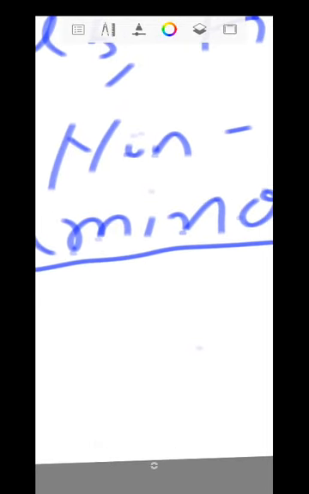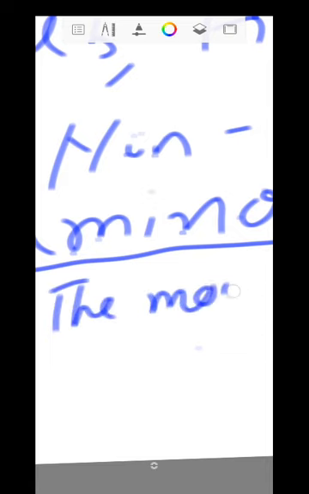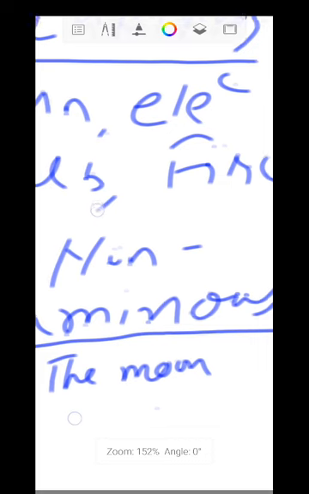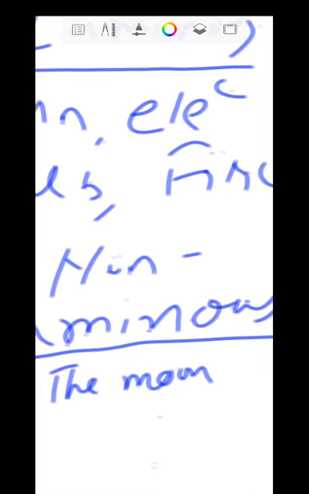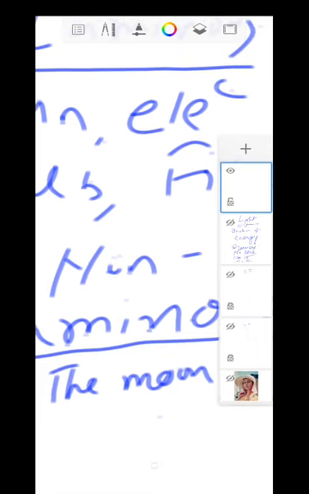The example of non-luminous objects is the moon. Moon does not have its own light. It can reflect the light that it gets from the sun. Other examples are human beings, the chair, table, all the things that are around us. So these are the types of objects.